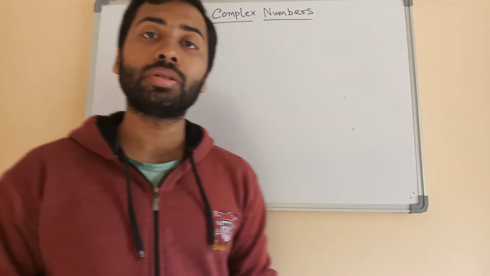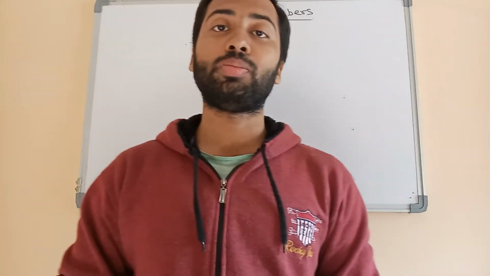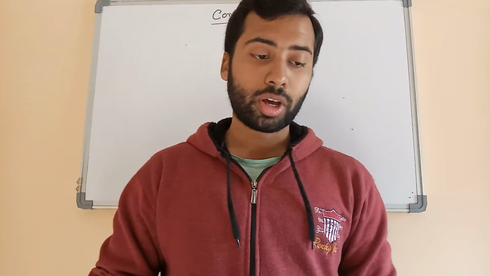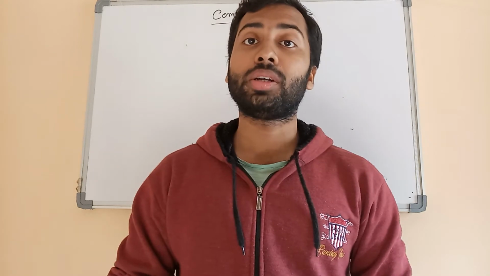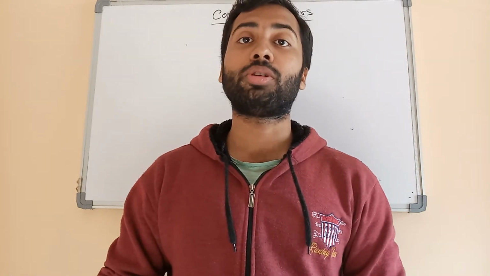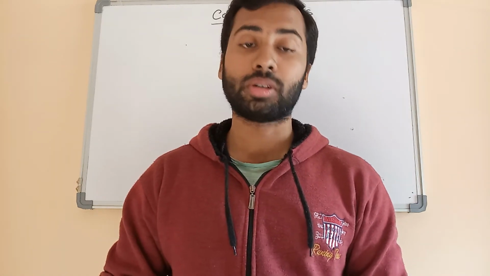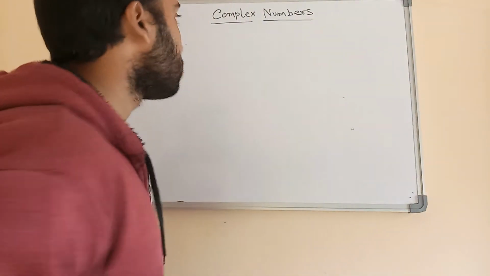In the last video, I have given you the idea of the imaginary unit, that is i, and I have also told why i is important in case of complex numbers. So let's see the definition of complex numbers.